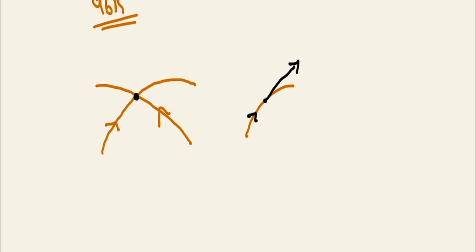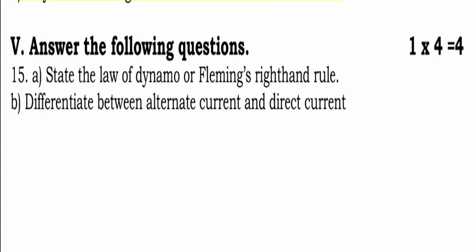So let's take them as A and B. For magnetic field line A, the direction will be this, and for the magnetic field line B, the direction will be like this. So as you can see, they are not intersecting. Okay, let's move to next question.